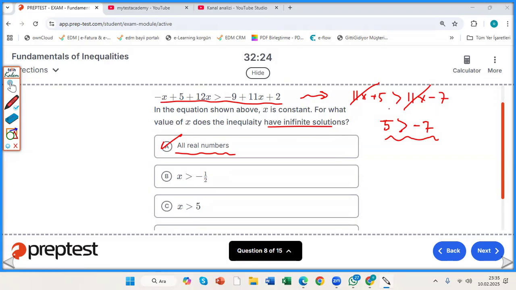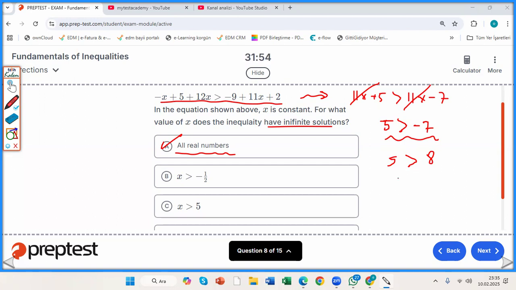But when you finally, after calculation, assume that your answer is 5 is greater than 8, for instance. Is it possible? No. So that time you are going to say that it is not possible. So no solution, no infinite solution.